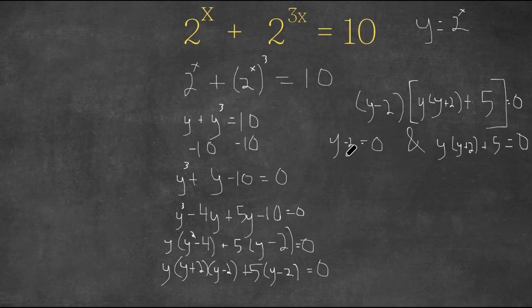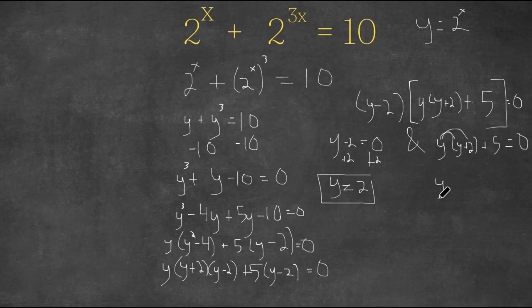Now let's solve our first one here. This one is really simple. We simply add 2 on both sides to isolate y, and we get y is equal to 2. And for our next solution, let's first start by distributing our y to y plus 2.